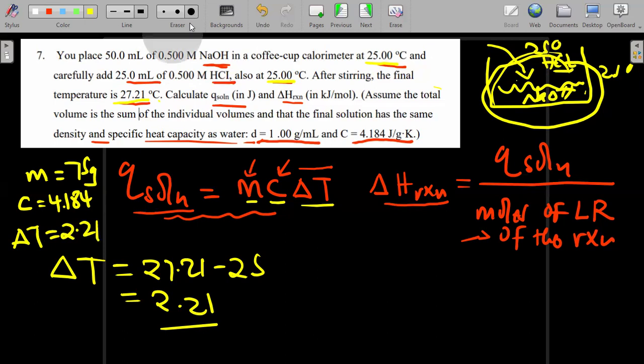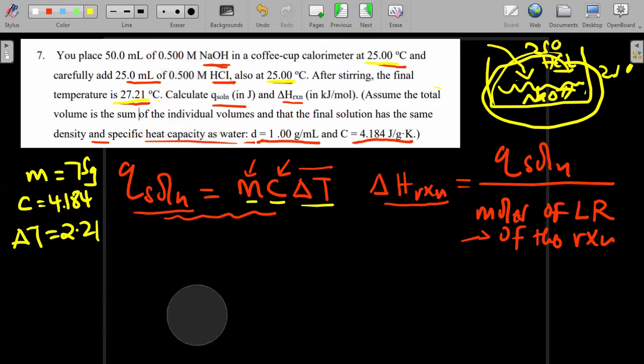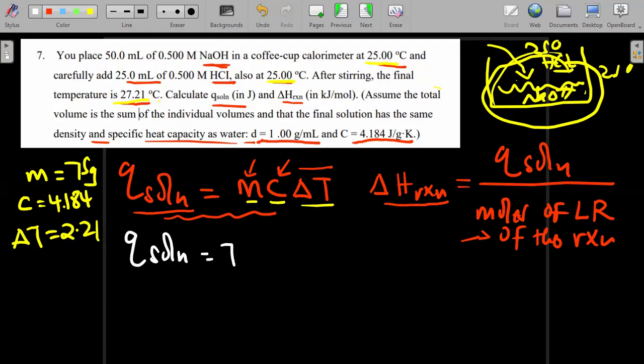So I have everything that I need in order to find the heat of the solution. Q of the solution, or heat of the solution, is equal to mass 75 multiplied by specific heat capacity multiplied by the change in temperature, which is 2.21.